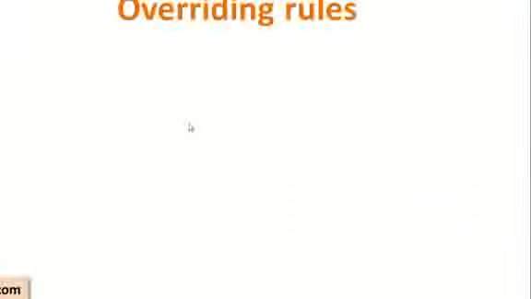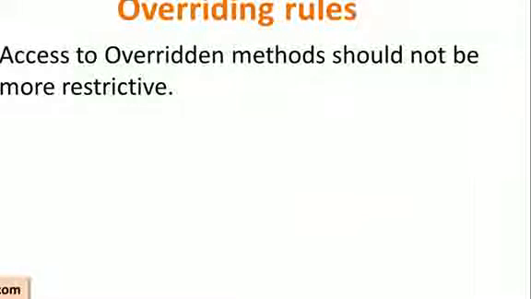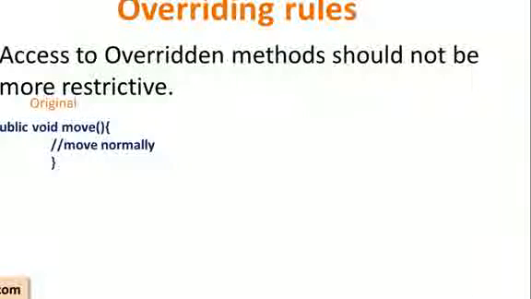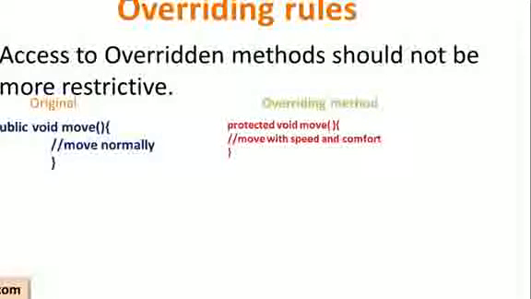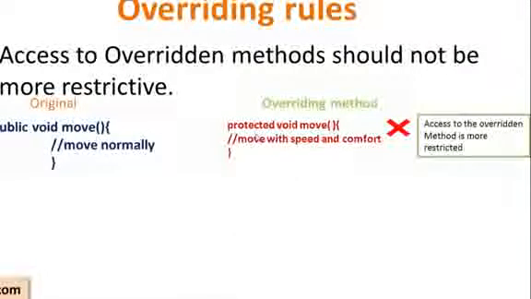The next rule is access to an overridden method should not be more restrictive. So you can see that the access modifier for this method is public, and if I make it protected, I'm actually downgrading the accessibility of this method. So this is a wrong implementation.